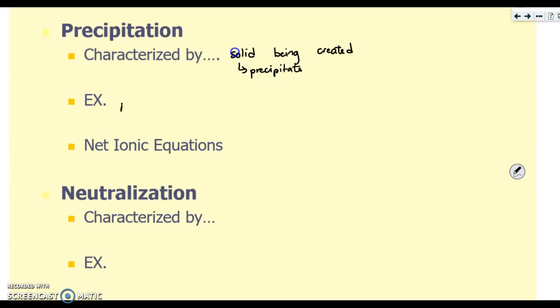For example, if we have NaCl, aqueous, plus silver nitrate, aqueous, double replacement, turns into sodium nitrate, which is aqueous, plus silver chloride, which is a solid. You would know that from the solubility rules, which we'll talk more about at a later time.